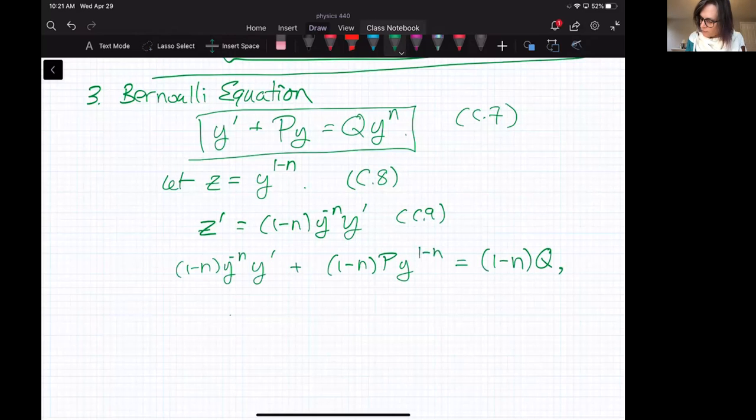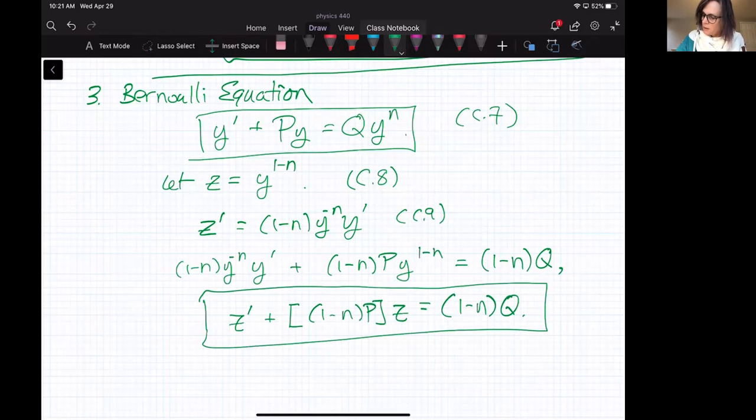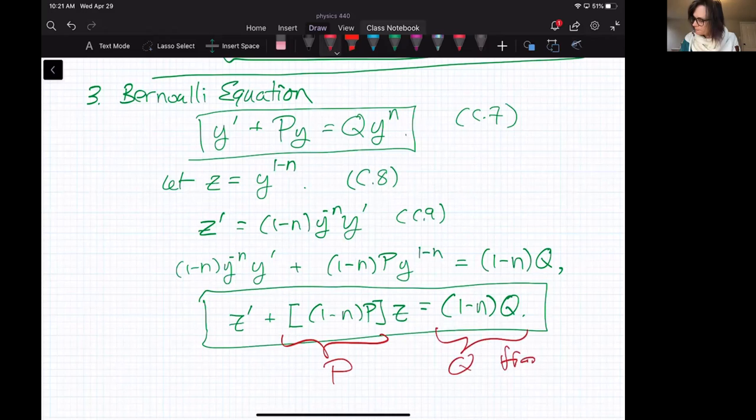And so now we have z prime plus 1 minus n p z is equal to 1 minus n q. The reason why we did this is that now this is essentially our p, and this is our q from B.20 and B.21.